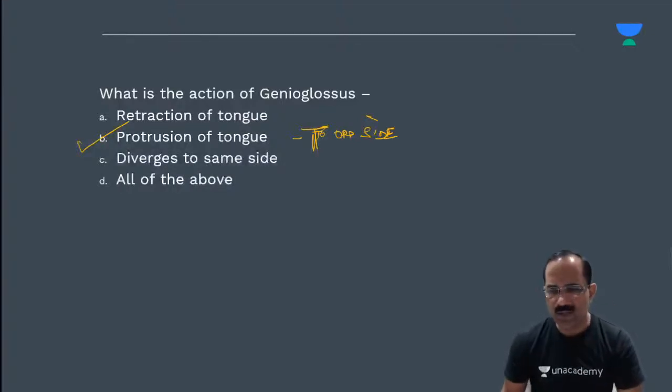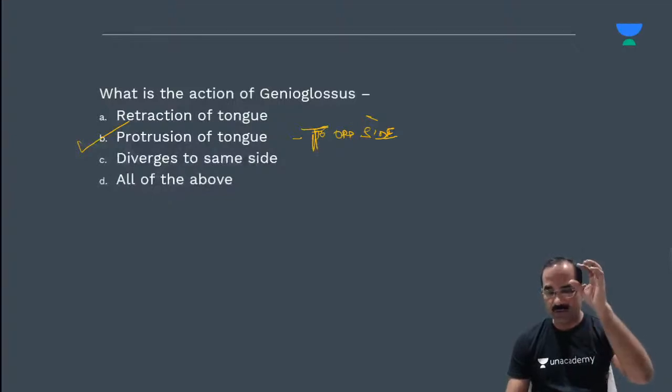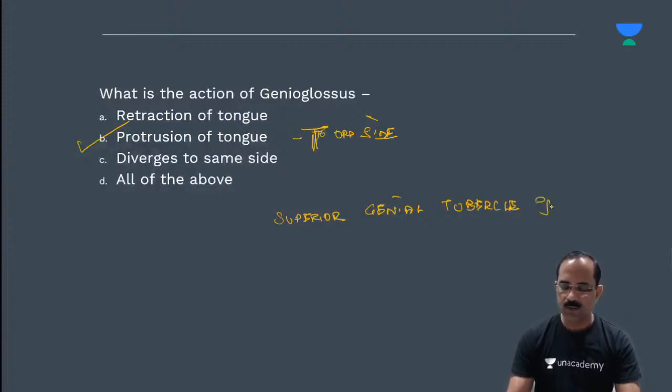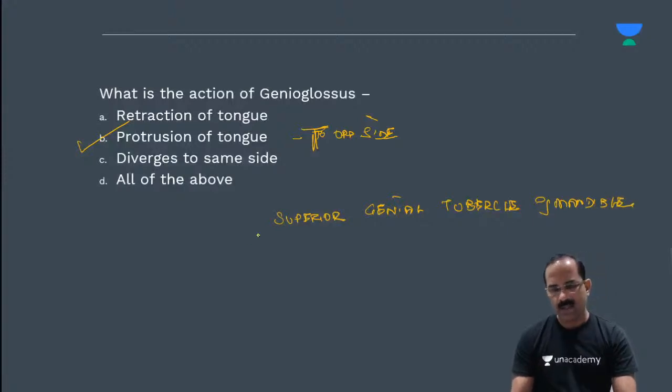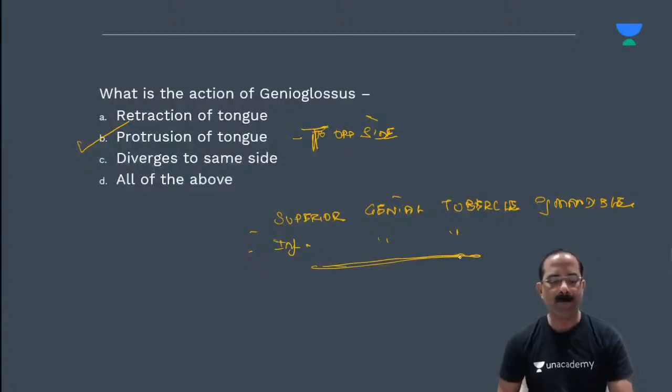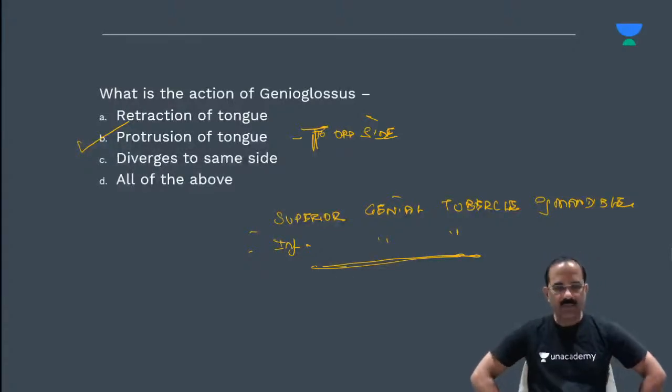Where does genioglossus begin from? From the superior genial tubercle of the mandible. Is there a muscle which begins from the inferior genial tubercle?